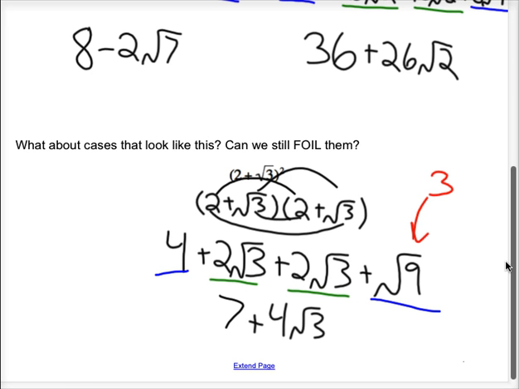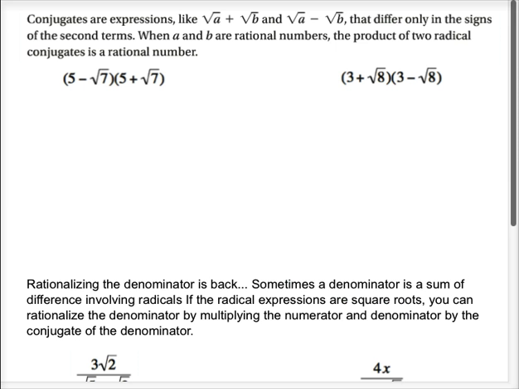Now, there are some special cases, something called conjugates. This is an idea we visited with imaginary numbers. Well, this idea comes back with radicals. Radicals have conjugates as well. They differ only in the sign of the second term.